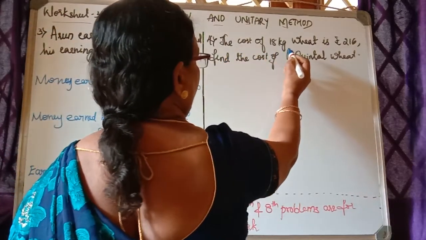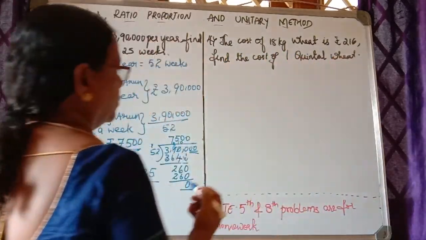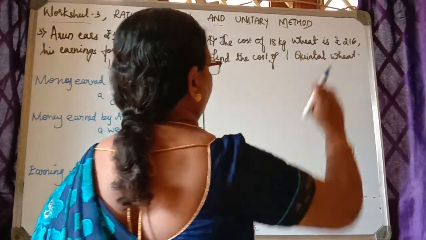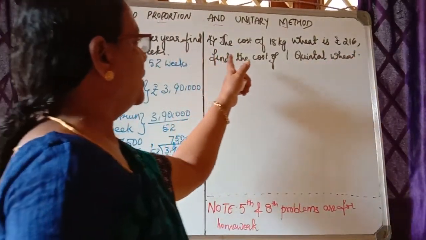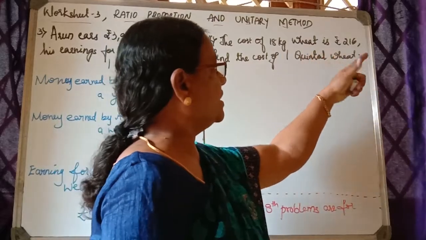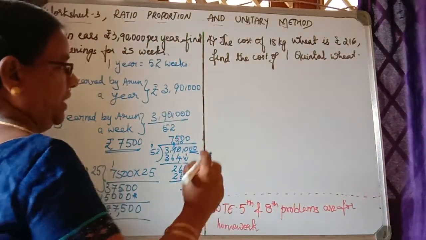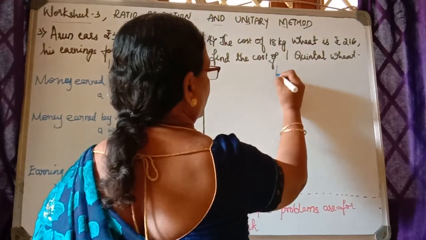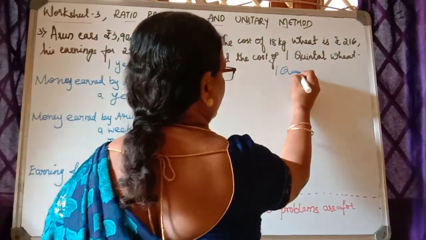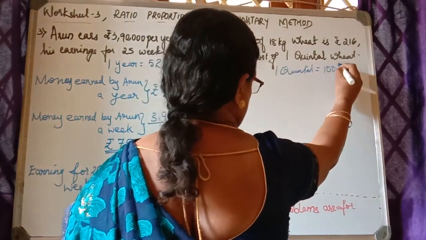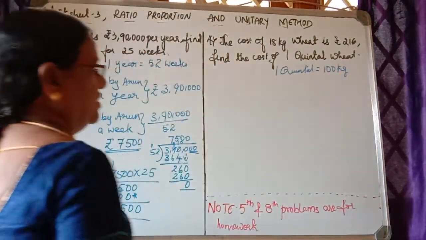The cost of 18 kg wheat is rupees 216. Find the cost of 1 quintal wheat. What is the question? The cost of 18 kg wheat is rupees 216. Find the cost of 1 quintal wheat. First you should know 1 quintal is equal to how many kg? 100 kgs.